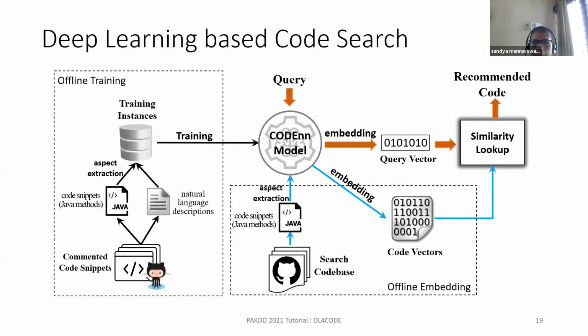So what they do is something like this. They take Java methods from public code repositories, and that represents the code fragment. The comment for the method is the description or query associated with that method. So their training sample contains three elements. What are the three elements? One is the code snippet, then the actual description associated with that particular method, and then they also add a random wrong description.